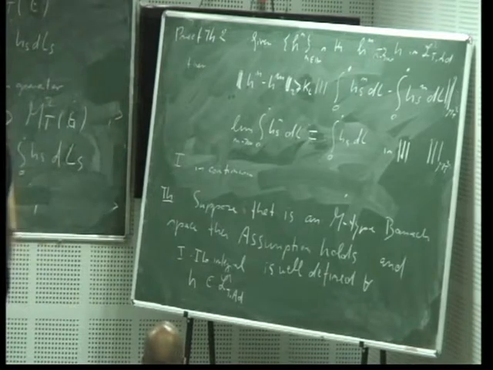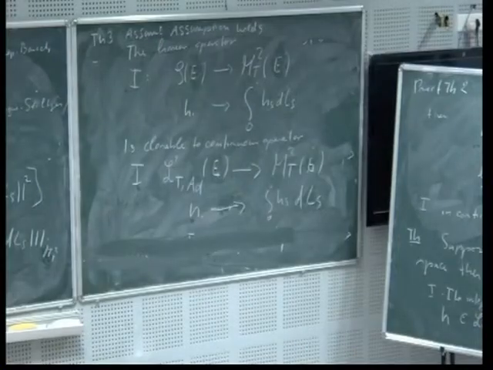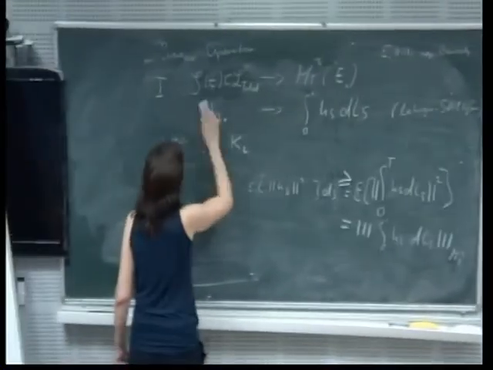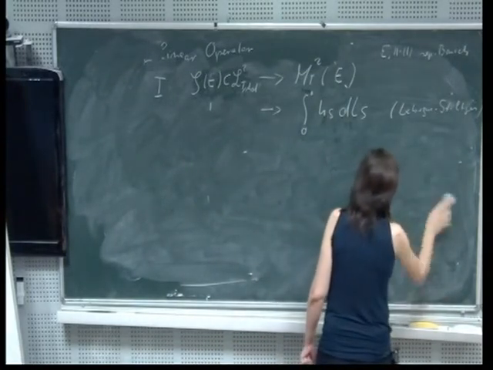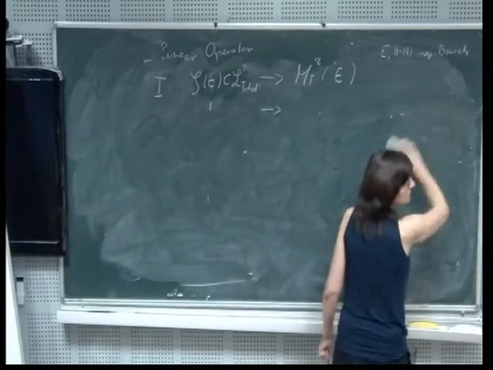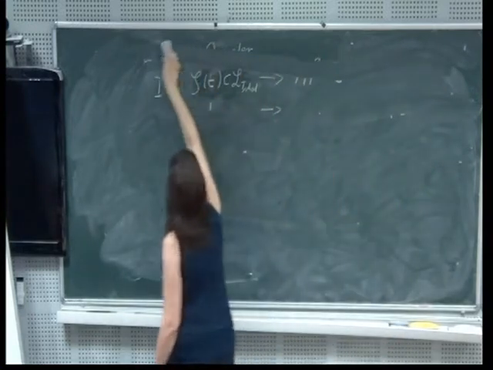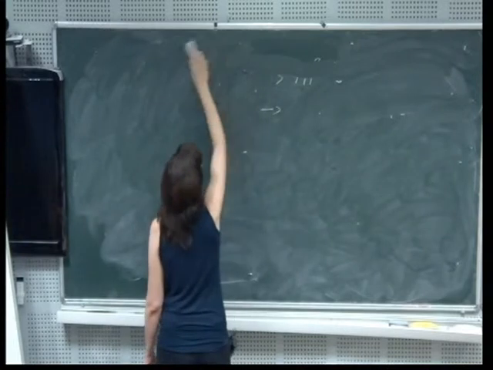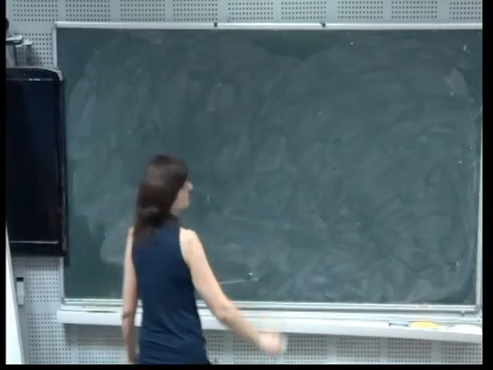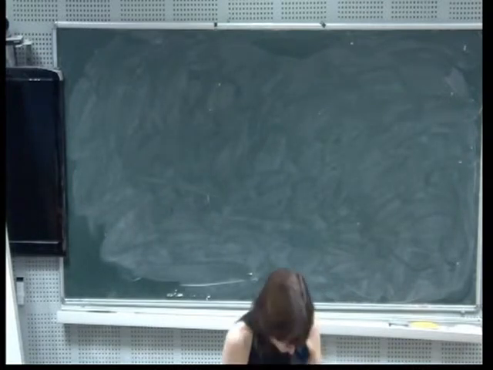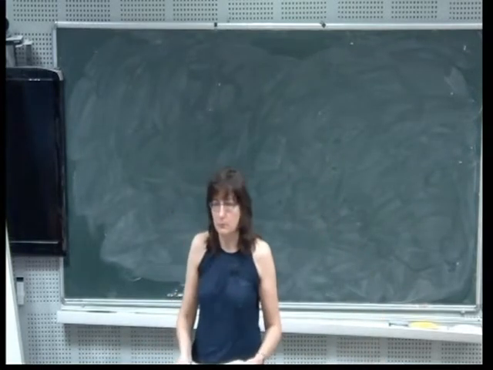So what is a Banach space of M-type 2? I will define it now: M-type 2, in fact, type 2 Banach space.